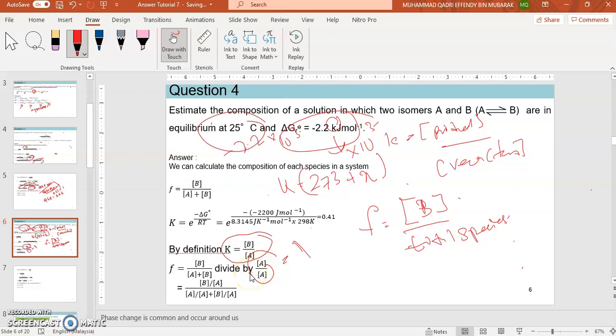Here we need to be a bit creative and play around with the concepts we already learned in mathematical chemistry. So in the end we have B over A over A plus B over A, because we divide everything by A, and here is our F.